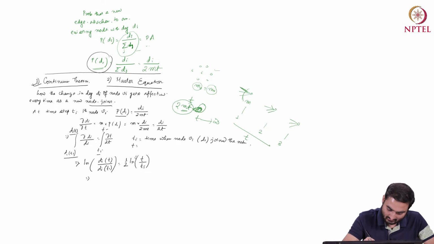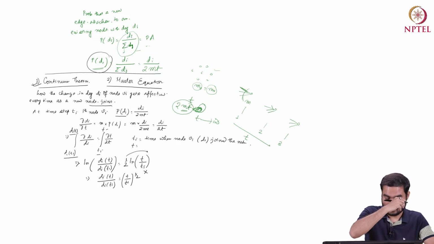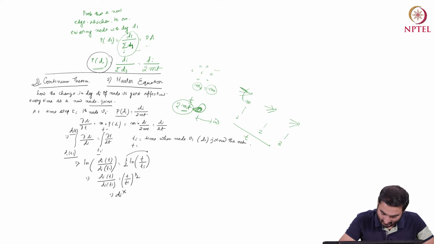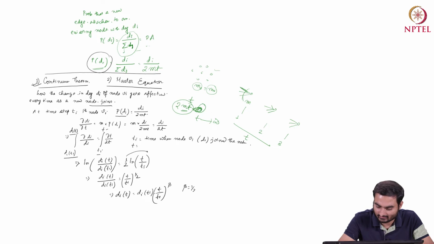If you do some modifications, you move half here and remove log on both sides, so you will get d_i(t) by d_i(t_i) equals (t by t_i) to the power half, which is basically d_i(t) equals d_i(t_i) times (t by t_i) to the power beta. And what is beta? Beta is half in our case, right?